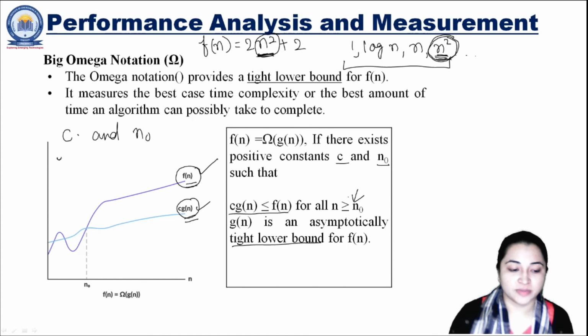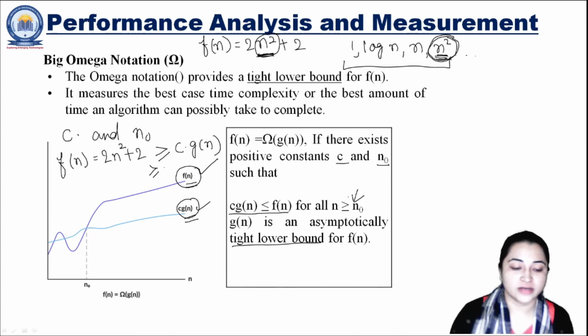So in this example, let's say f of n is 2n square plus 2, then we have to select g of n such that f of n will always be greater than or equal to c into g of n. So in this case we can select any constant as c. So if we select g of n as n square and c as 1, then this will always hold true. Okay, so in this case we can select our constant as 1.